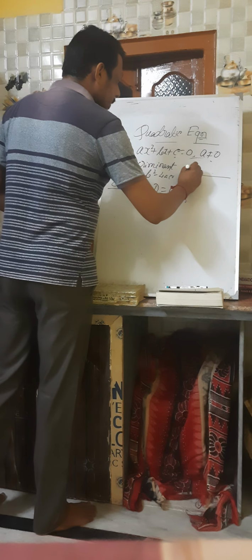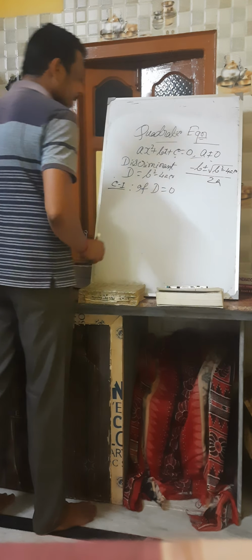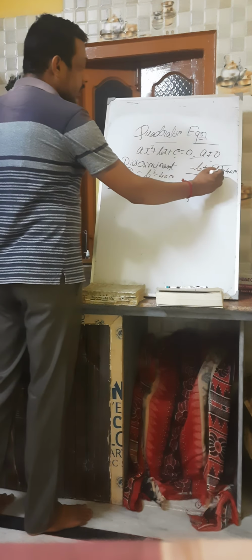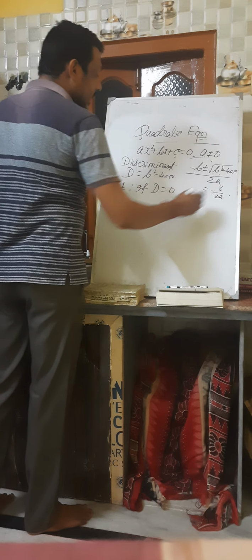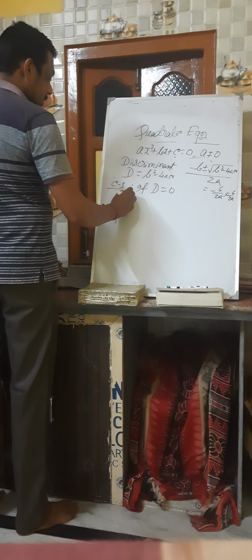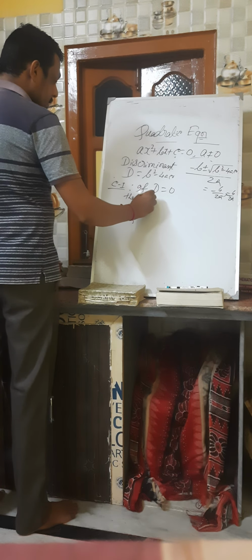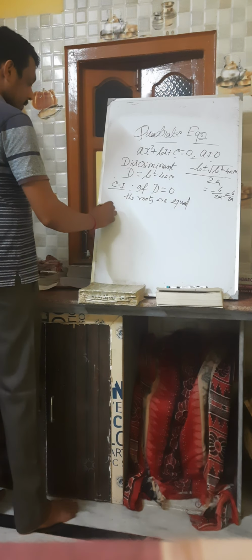Now we can see the roots are minus b plus minus root of b square minus 4ac by 2a. Now if b square minus 4ac becomes 0, the root reduces to the form minus b by 2a. That means the roots are minus b by 2a, minus b by 2a. So the roots are equal. That means when D equals 0, the roots are equal.